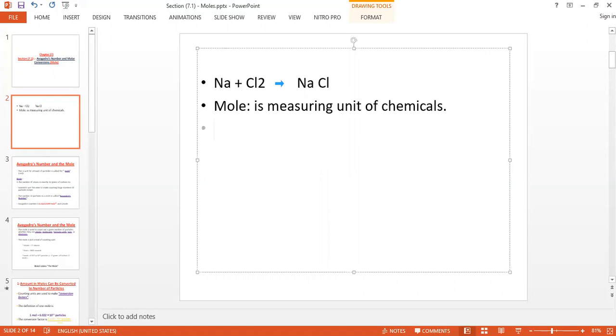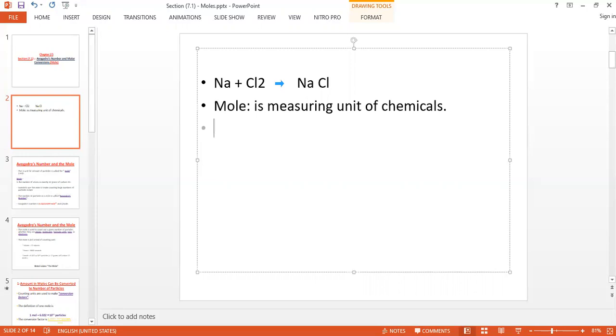So, if you know that mole is the measuring unit of chemicals, what should I know about mole? You know that meter is the measuring unit for length, for example, or distance, and we also know that a meter equals 100 centimeters. What about mole?